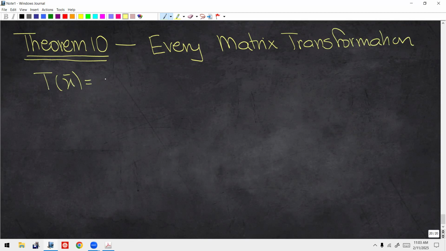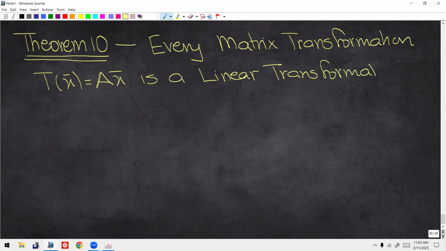If you recall from earlier, T of x equals Ax, okay, is a linear transformation. Okay, so every matrix transformation is a linear transformation. Okay, so just remember that.